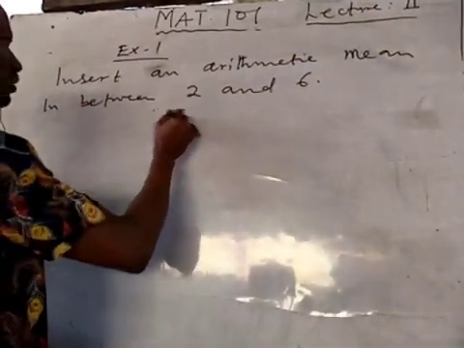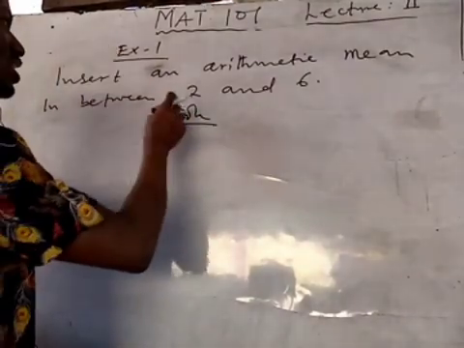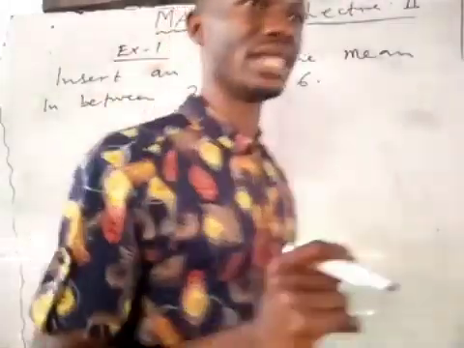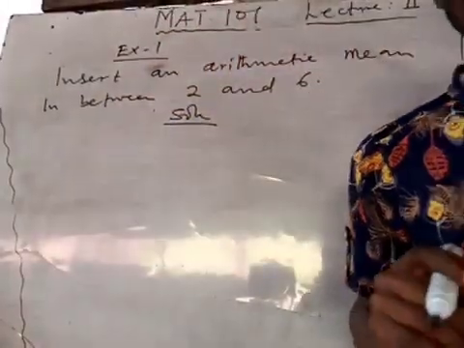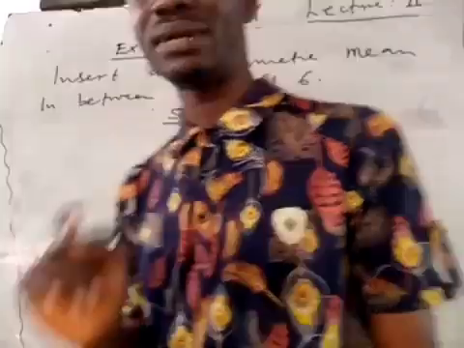So, solution. Now, I don't know the mean of 2 and 6. Let's assume that I don't yet know the mean of 2 and 6, such that when I insert that mean in between 2 and 6, I will form a sequence in arithmetic progression.